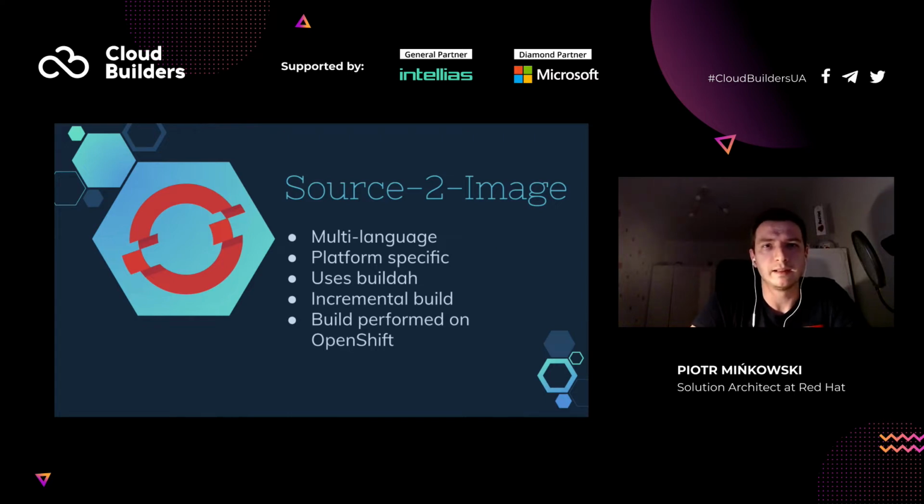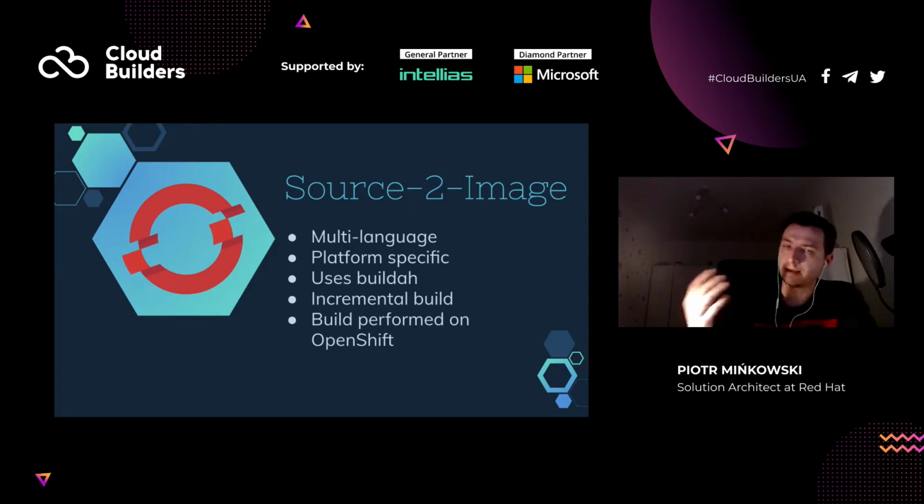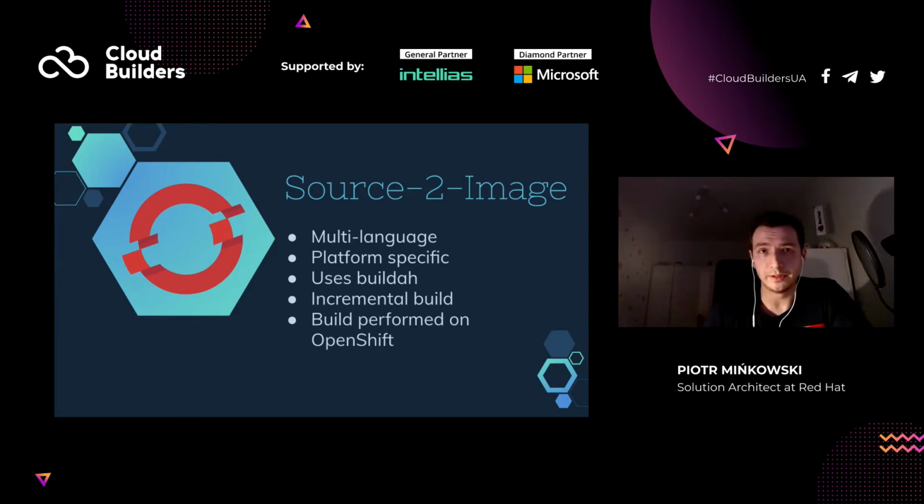They can detect a language from the source code and attach the right build image to it. And the Source-to-Image builder corresponds with the base image used for creating an application image. It produces ready-to-run images by injecting the source code, as a tar file, into the builder image, and then the builder image assembles a new image.